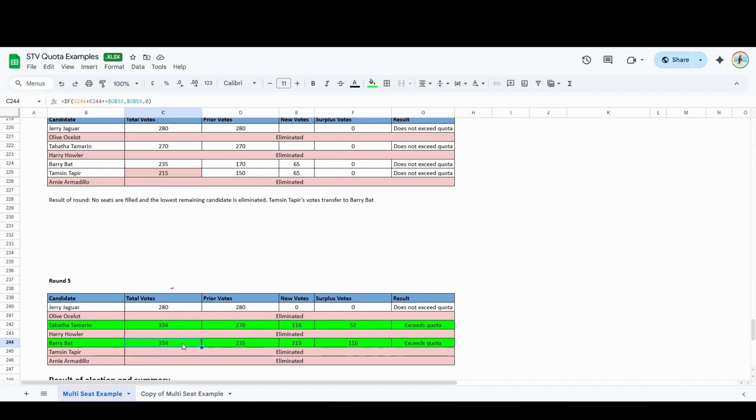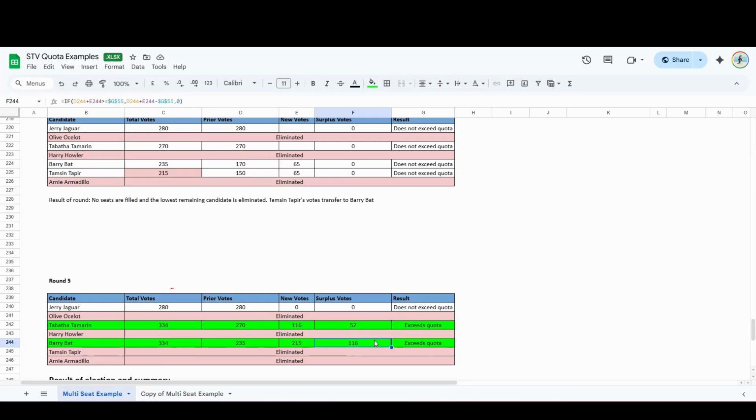So Barry Batt meets the quota of 334. And this was as a result of receiving all of Tamsin's votes, added to his previous votes, equals 334, with a surplus of 116.